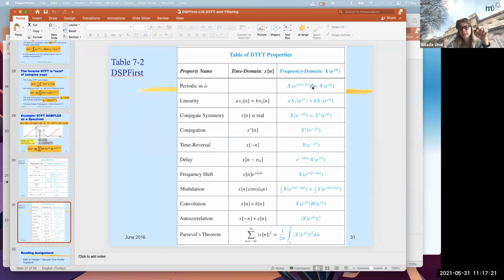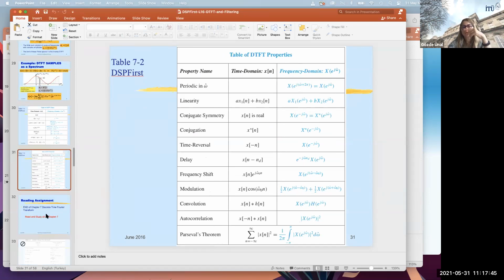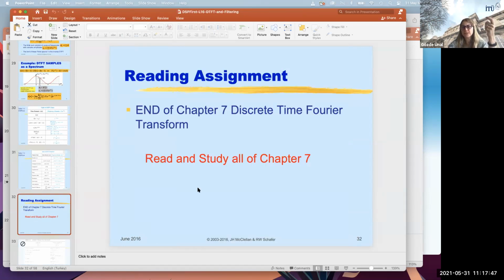Periodic now in omega hat, linearity, conjugate symmetry, conjugation, time reversal, delay, frequency shift, modulation. We've studied modulation actually in the past, and convolution. Yeah, next time we can define autocorrelation and Parseval's theorem related to energy of the signal, how to represent it in time and frequency domain. And then that would end chapter 7, discrete time Fourier transform.